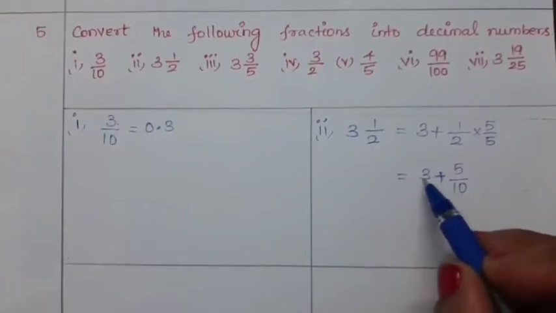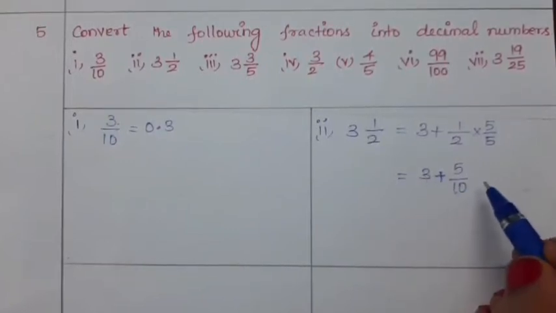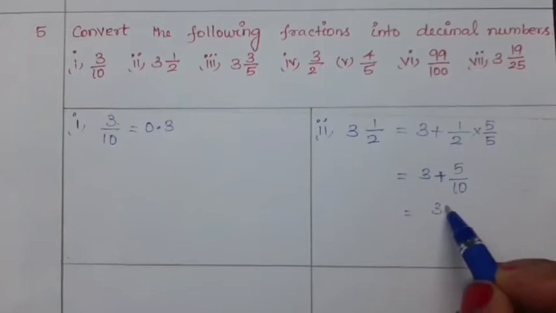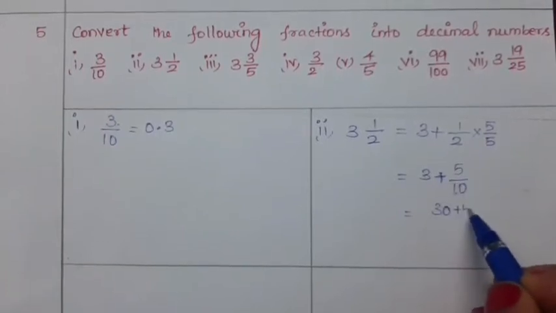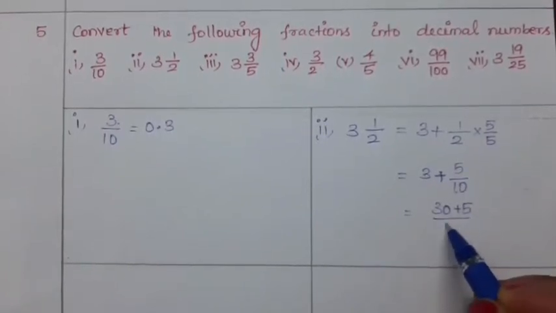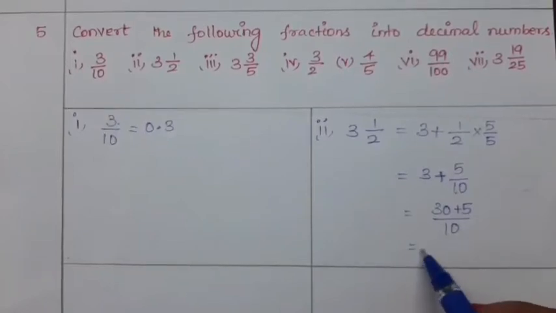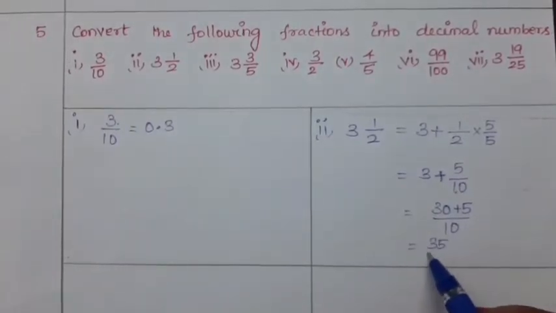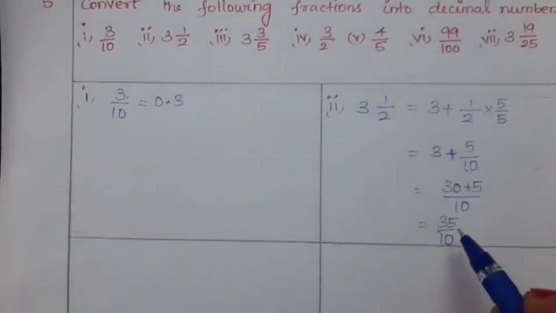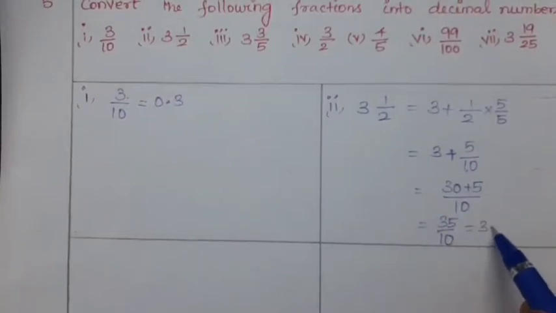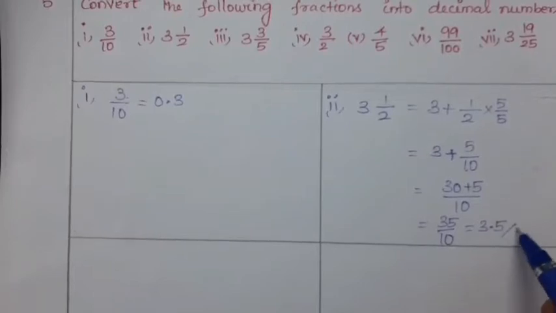Now take the cross multiplication. 3 tens are 30 plus 5 whole divided by 10, which is equal to 35 divided by 10. Dividing 35 by 10 we get 3.5, which is the required answer.